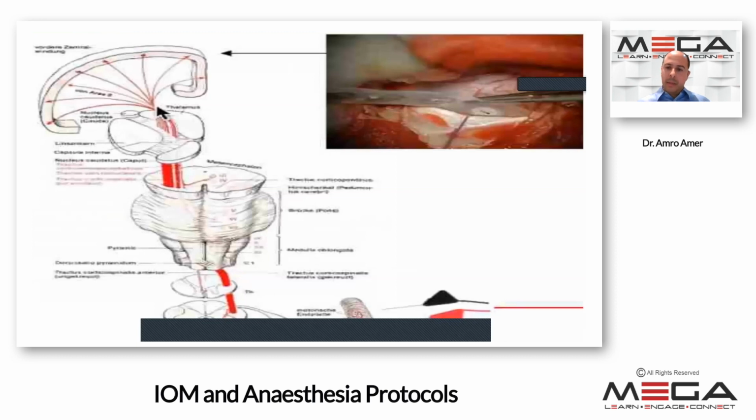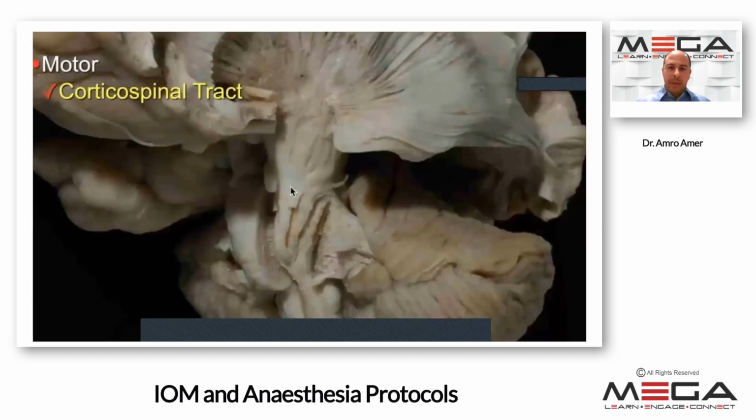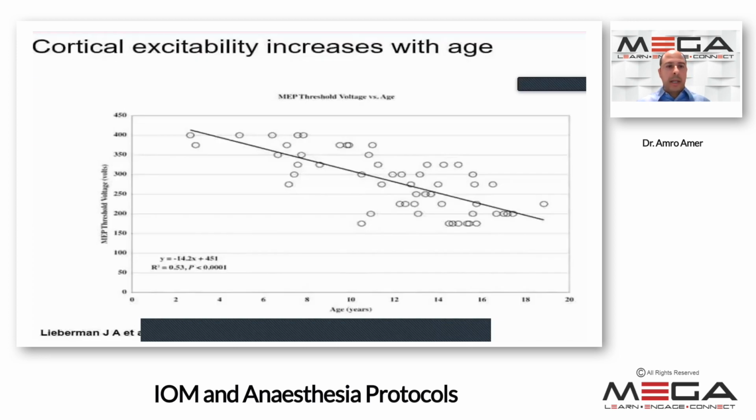And this is another picture of the pathway. And on the top right, there is what's called direct cortical motor evoked potential using a grid strip. Another picture. So anyway, excitability. So usually motor evoked potential intensity in pediatrics, we tend to make it higher because the myelination is incomplete.